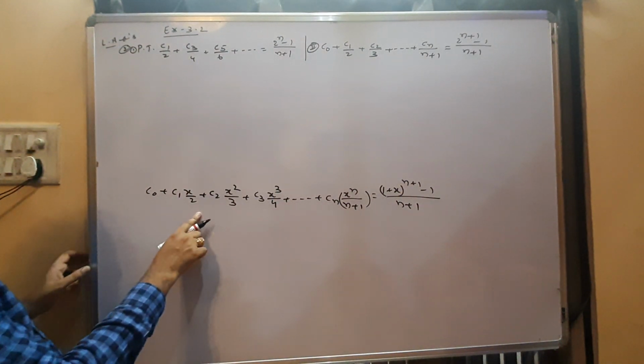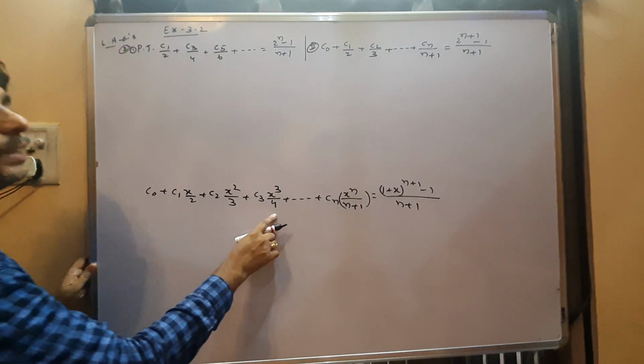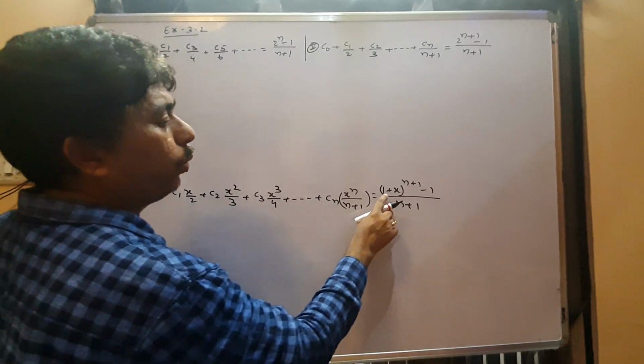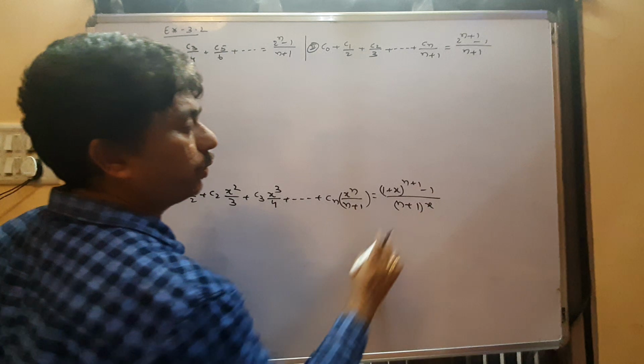You proved this already. Put x equal to 1, we get C0 plus C1 by 2 plus C2 by 3 plus C3 by 4 plus and so on, Cn by n plus 1 equal to (1 plus 1) whole power n plus 1 minus 1 by n plus 1 into 1.